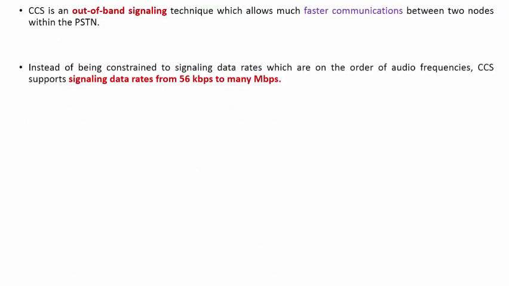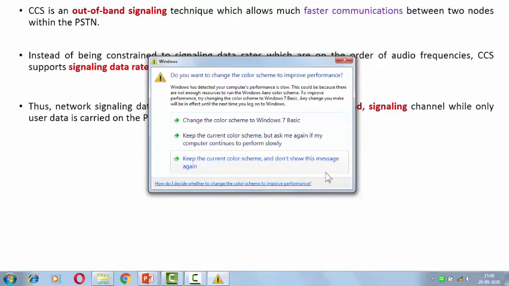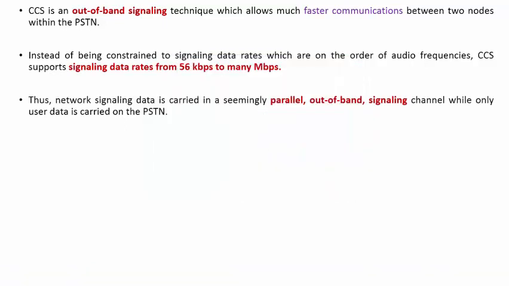So instead of being constrained to signaling data rates which are on the order of audio frequencies, CCS supports signaling data rates from 56 kbps to many Mbps. Thus, network signaling data is carried in a seemingly parallel out of band signaling channel, while only user data is carried on the PSTN.